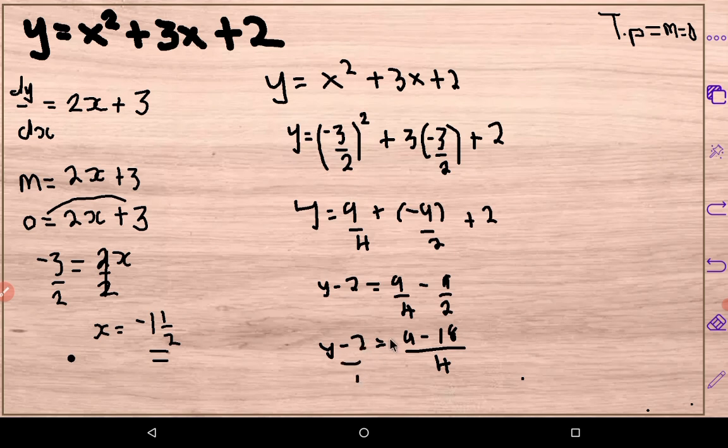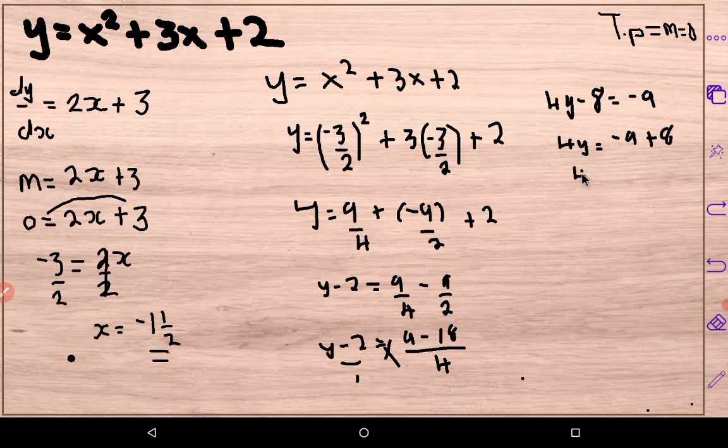Then you cross multiply. So 4 times y, you get 4y, minus 4 times negative 2, get negative 8, is equal to 9 minus 18, that's negative 9. Then 4y is equal to negative 9, take the 8 this side, plus 8.